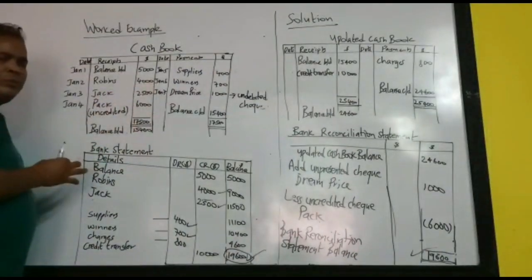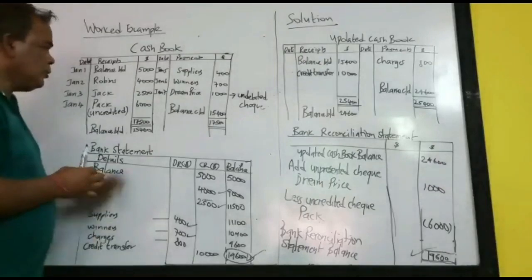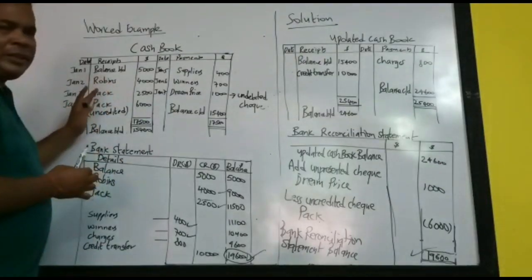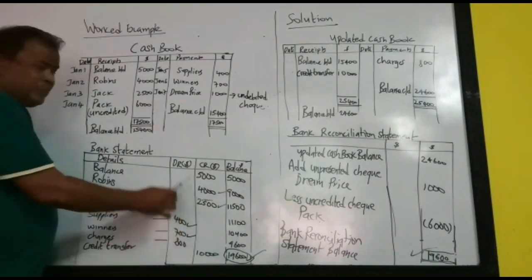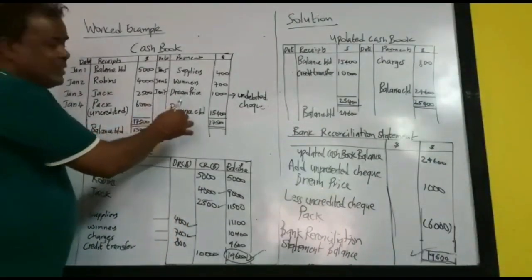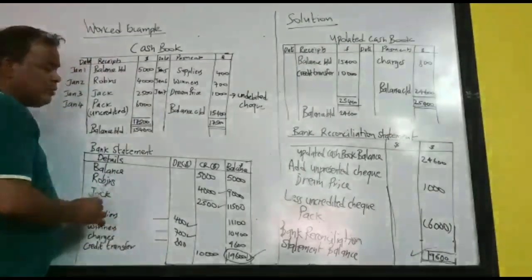The cash book and the bank statement will be given to you in the exams. What you have to do, you have to see whether all items which are on the debit side have been credited in the bank statement, and all items which are on the credit side of the cash book have been debited in the bank statement.